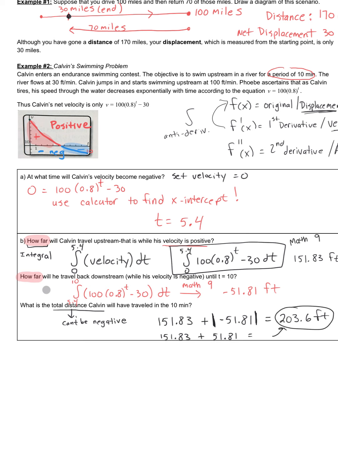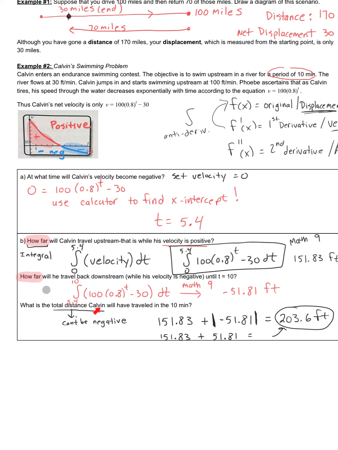203.6 feet. Okay, so again, let's recap. We found how far he traveled in our first interval from 0 to 5.4. That area is above, so we got a positive answer. We found how far he traveled from 5.4 to 10. That area is below, so we got a negative answer right here.